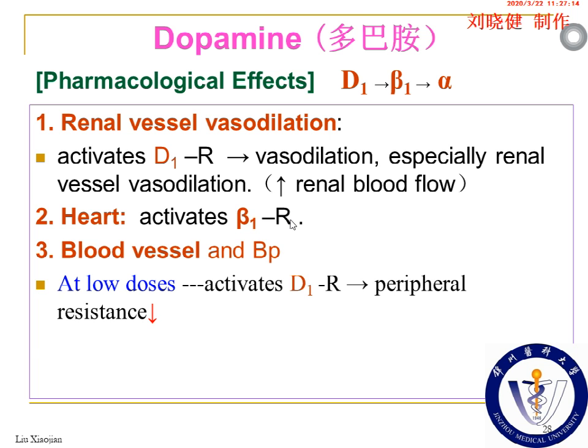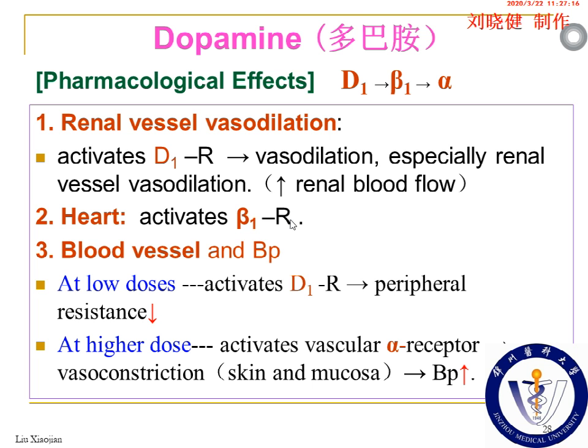And it also acts on blood vessels because of activation of the dopamine 1 and alpha-1 receptor. But different doses induce different responses. When dopamine is used at low dose, it mainly activates the dopamine 1 receptor, so it induces vasodilation and decreases peripheral resistance.